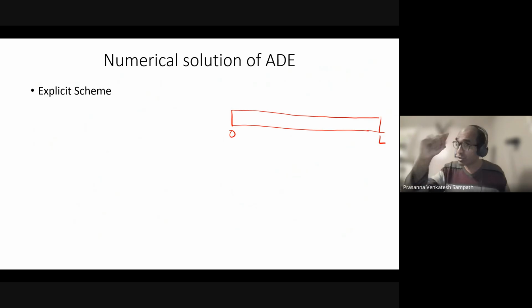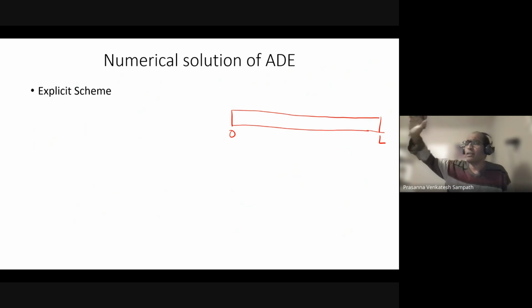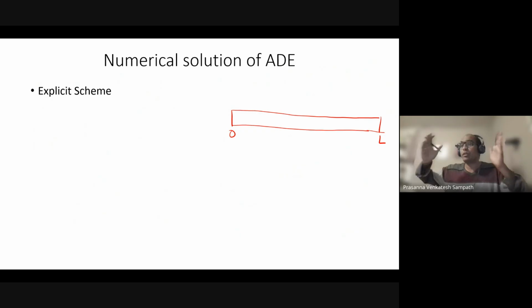Now remember, the original problem gave the boundary condition at x equal to 0 and x equal to infinity. But because we can't really simulate infinity in a numerical sense, we just take some large value of L, and this becomes my domain.